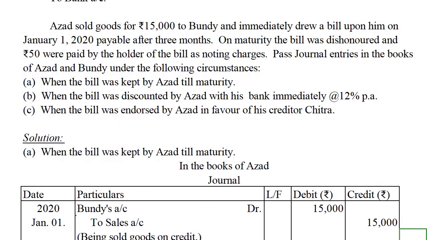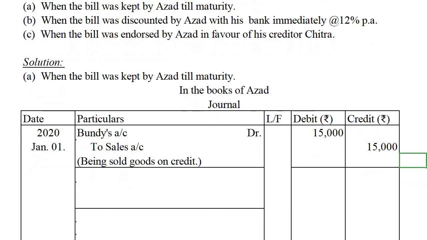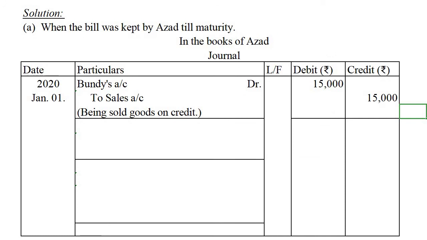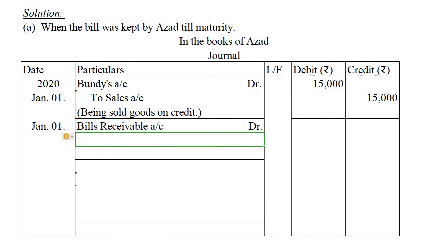And on the same day, he drew a bill and Bundy accepted. On the same day means January 1st. What will be the journal entry for accepting the bill? Yes, bills receivable debit to debtor. That means bills receivable debit to Bundy. Since this is in the books of Azad, Azad's name will not come anywhere inside the journal.